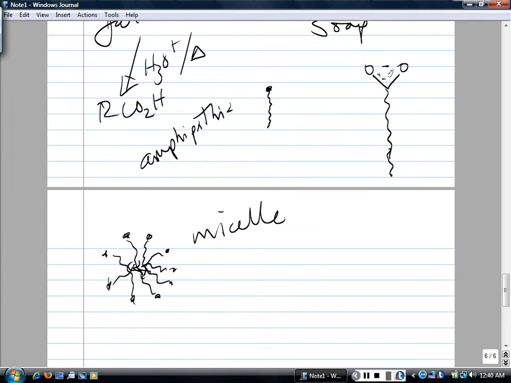Right, so I have the negative end of the soap particle interacting by hydrogen bonding with the water molecules, and the water molecule keeps the entire complex into what looks like a solution, but it really isn't. It really is more of a suspension of the micelles, because it's not a uniform dispersion.